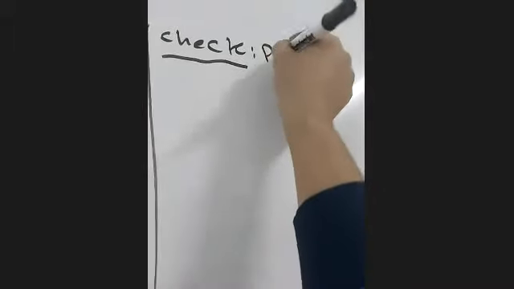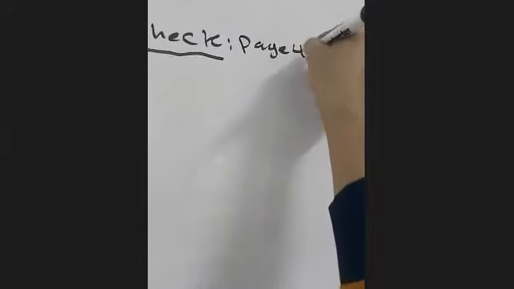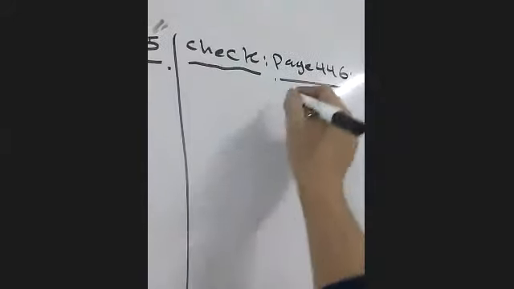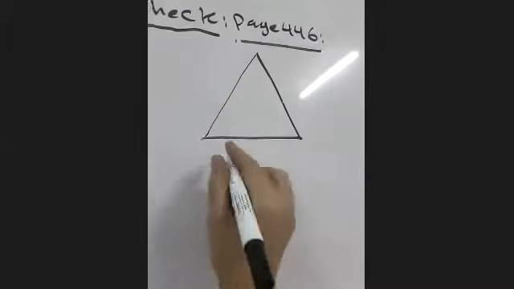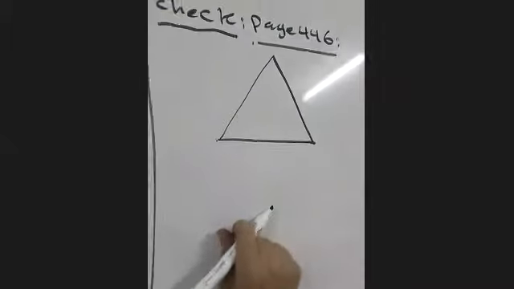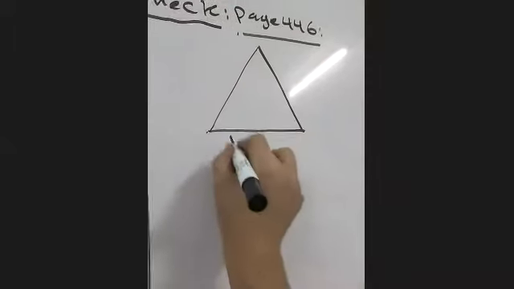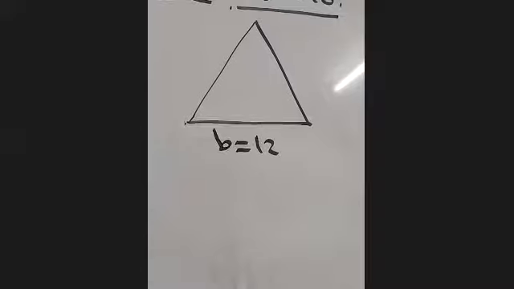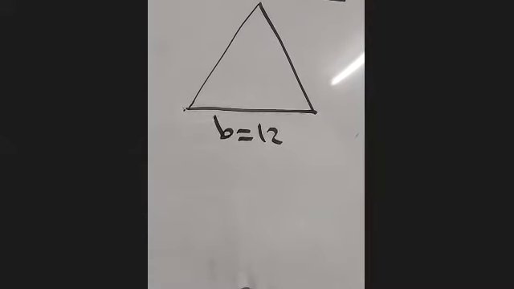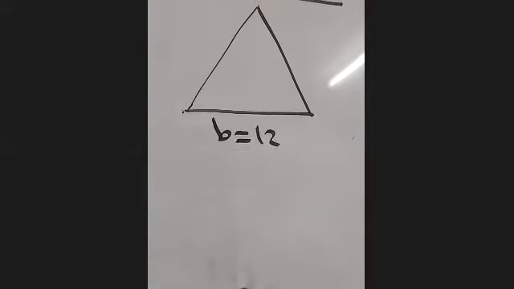Find the area of one tile. Good. So we have a tile like this in the floor, right? What's the base? The base is 12, but it is cut in half, so it will be 6 because you want just one tile. The triangle is cut in half.